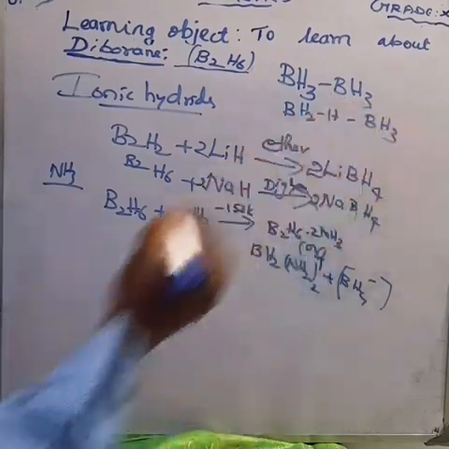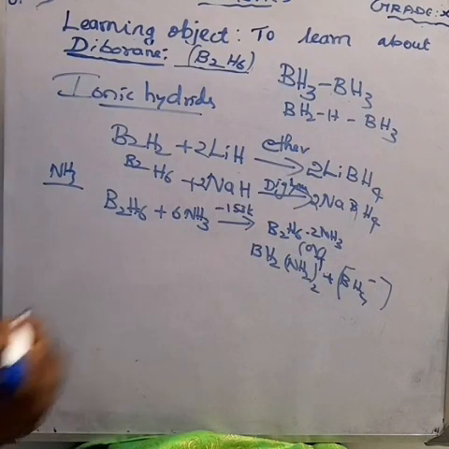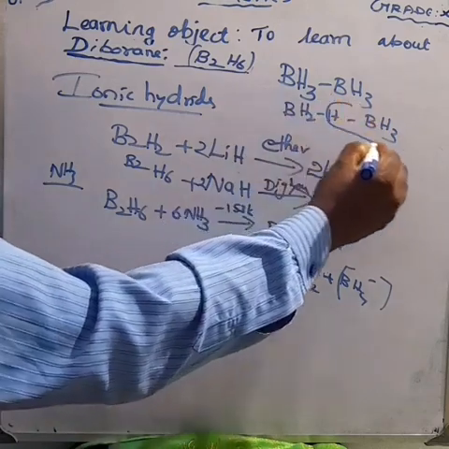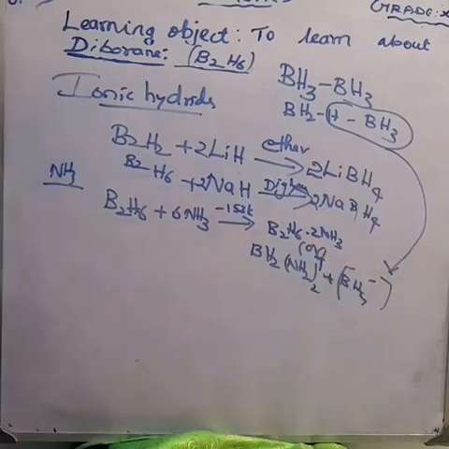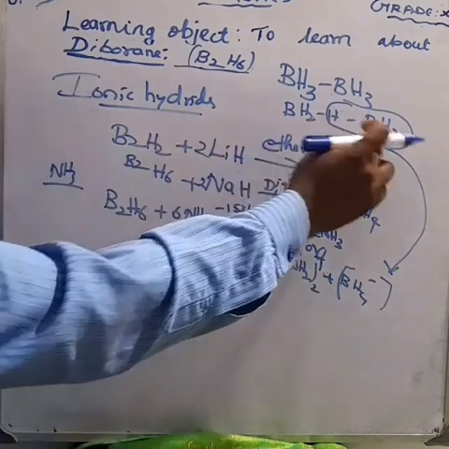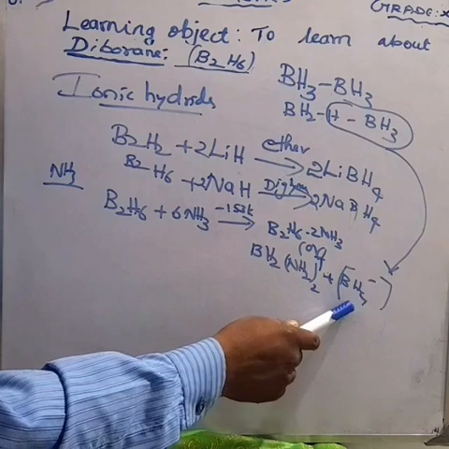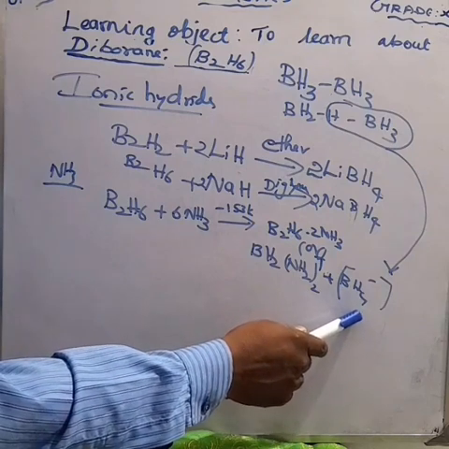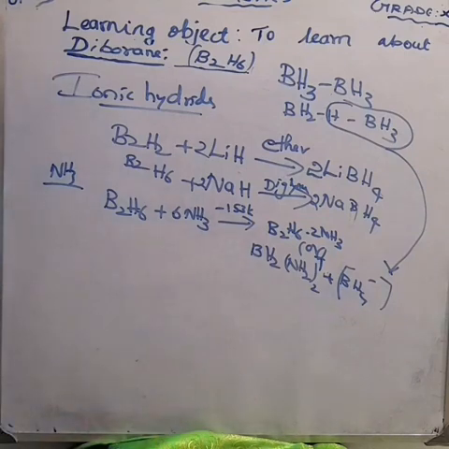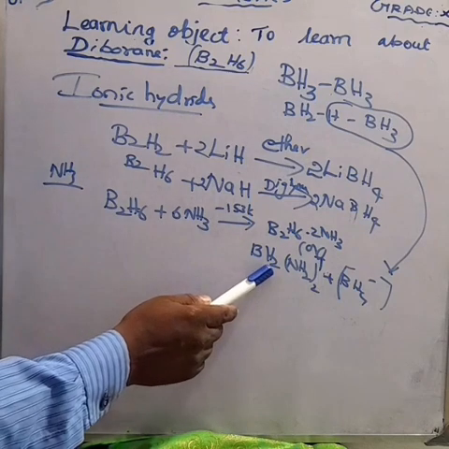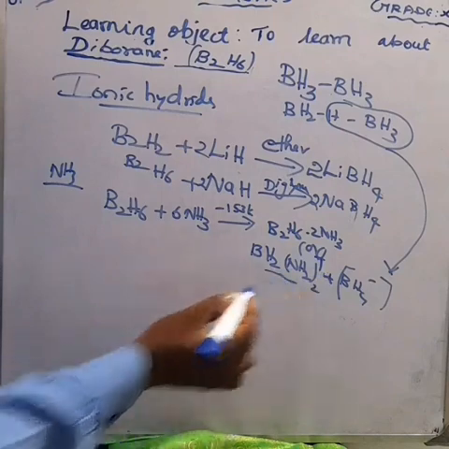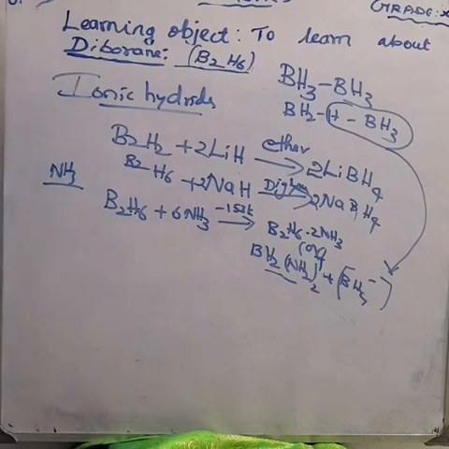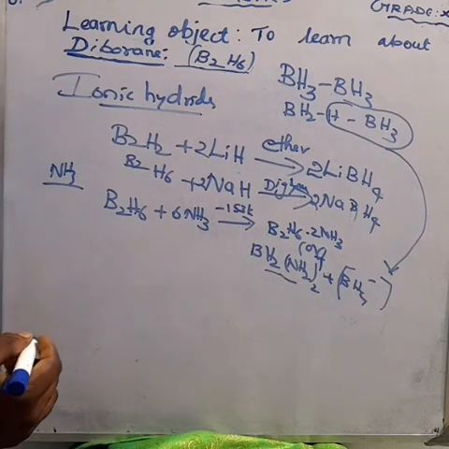Am I right? This hydrogen attached to BH3 means we get BH4 minus, and also we are getting BH2. This BH2 will be attached to the ammonia. So we get BH2(NH3)2 plus and also BH4 minus.